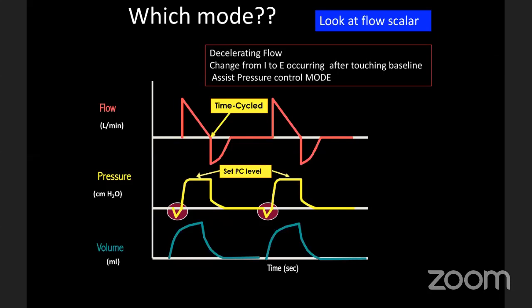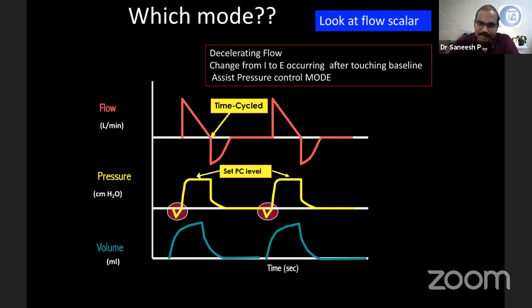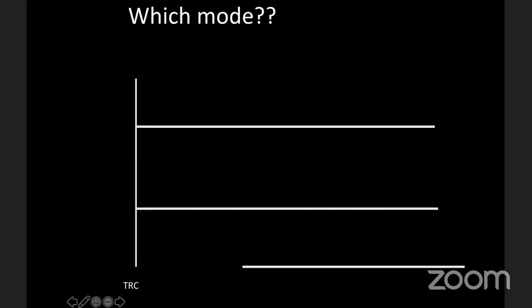Clear? So pressure support: patient initiates, but it's limited by the pressure support, and then cycling depending on the flow trigger sensitivity. You're clear about it, or am I confusing you? Oh, it's clear, sir.